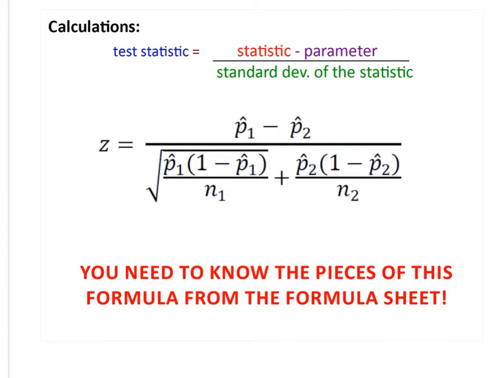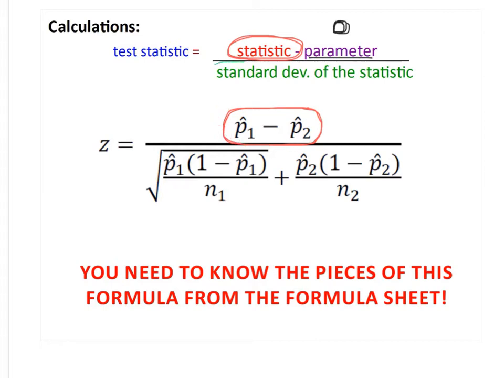The statistic is going to be the difference, p-hat 1 minus p-hat 2, which is this numerator right here. The parameter is actually going to be 0 because in the null hypothesis I think there's no difference. So the parameter is 0, which is why you don't see anything here. You just see p-hat 1 minus p-hat 2 in the numerator.